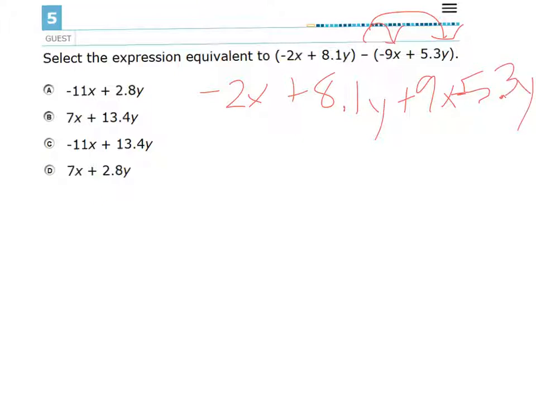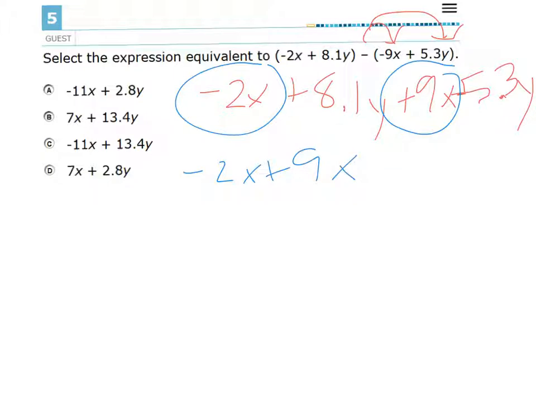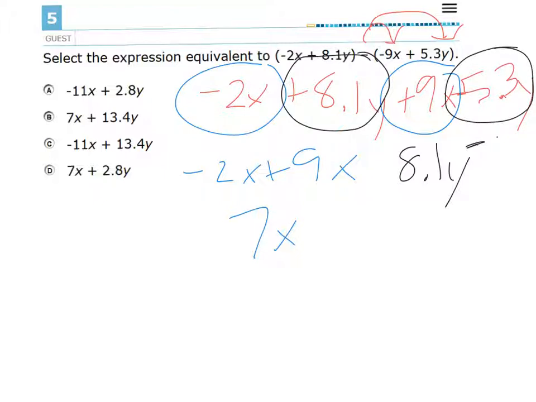So now I want to combine like terms. I'm going to take the negative 2x and I'm going to add it to the 9x. So negative 2x plus 9x would give me positive 7x. And then I'm going to go ahead and take the positive 8.1y, and I'm going to subtract the 5.3y.